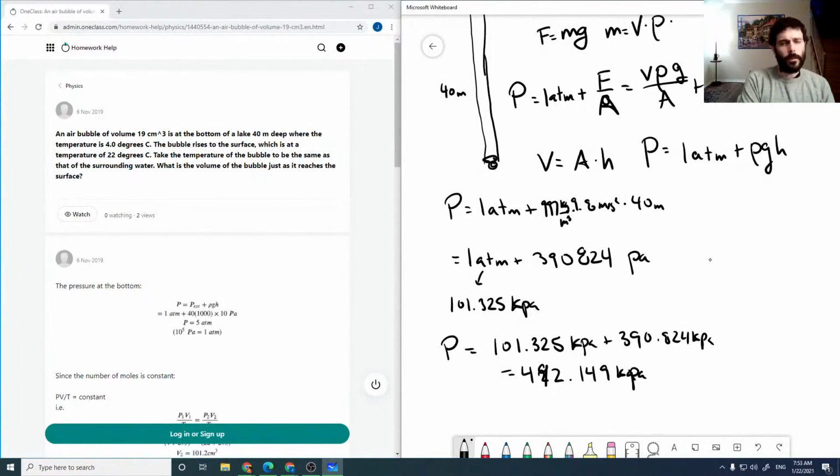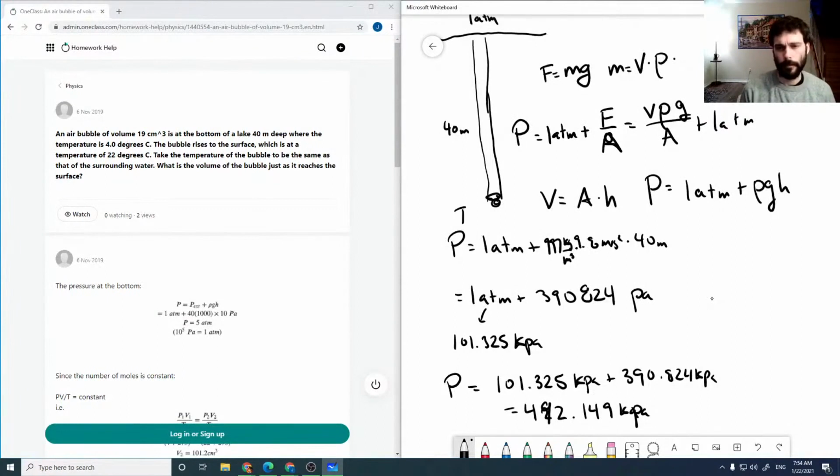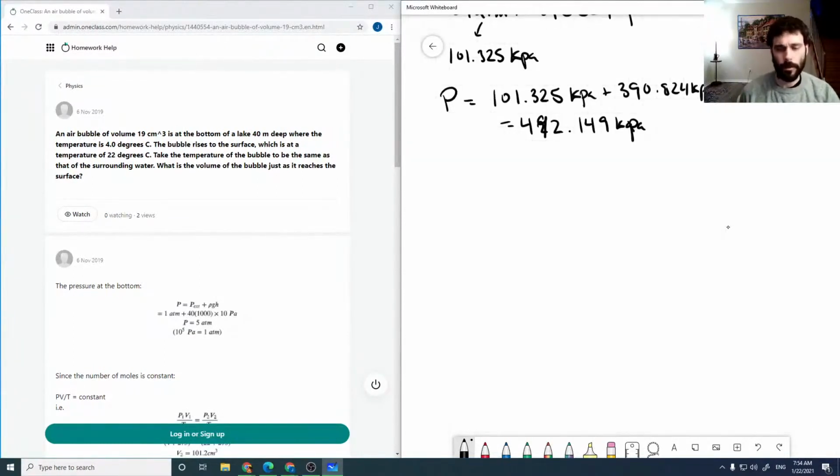Okay, so we've got a bubble at the bottom of a 40-meter lake. The temperature is 4 degrees Celsius. And now for the second part, the bubble rises to the surface, where the pressure is this 101.325 kilopascals, and our temperature is now 22 degrees Celsius.